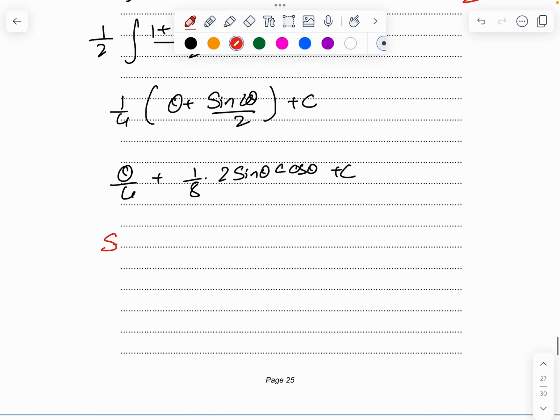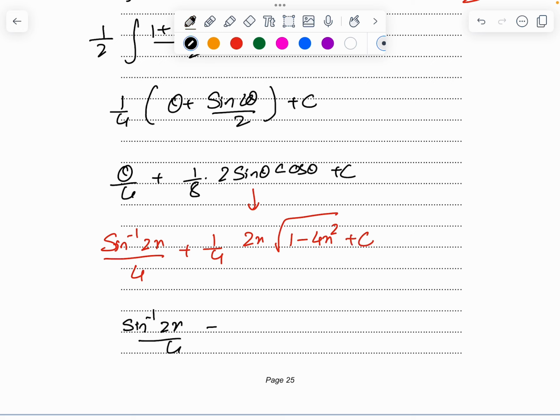So this is sine inverse of 2x divided by 4 plus 1 upon 4 sine theta cos theta. Sine theta is 2x, cos theta is the square root of 1 minus sine square theta, plus c. So my final answer is sine inverse of 2x upon 4 plus 1 upon 2 x square root of 1 minus 4x square plus c.